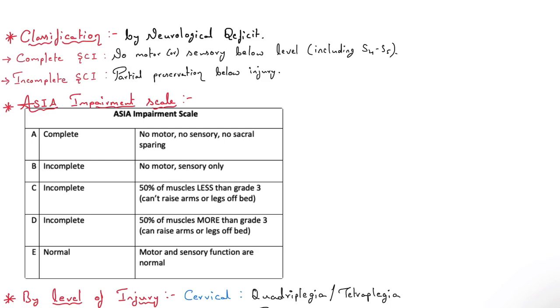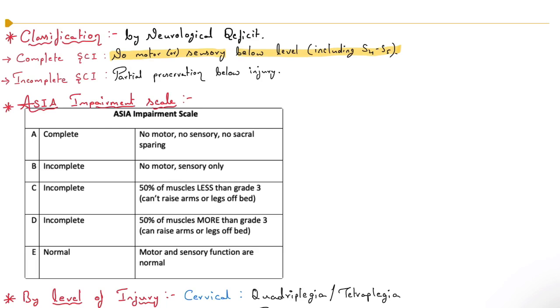In neurologic deficit, first we can divide into two parts: complete spinal cord injury and incomplete spinal cord injury. In complete spinal cord injury, you can see no motor and sensory below the level of the injury, including S1 to S5.